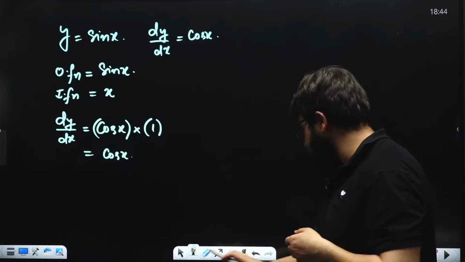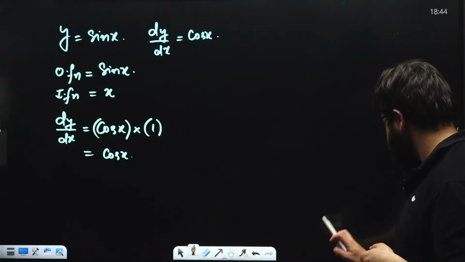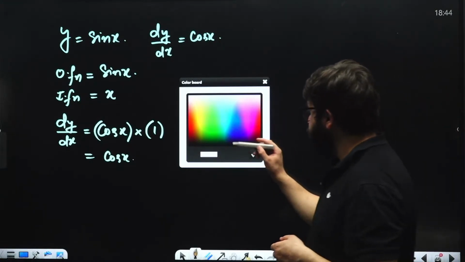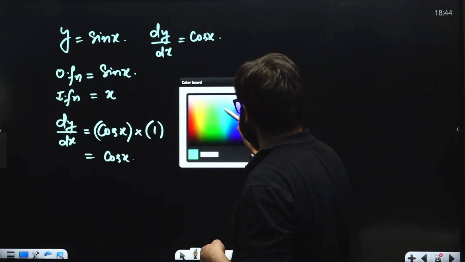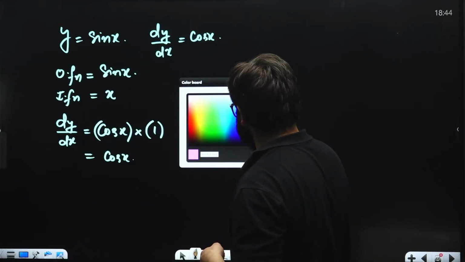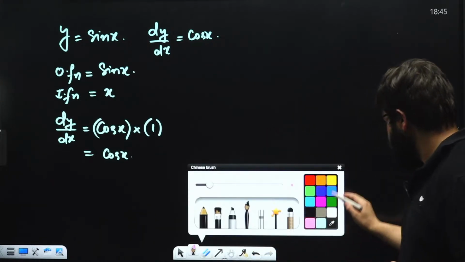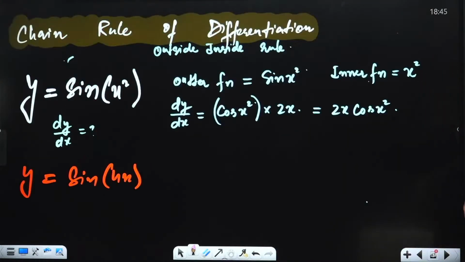Guys, is this crystal clear to each and every single student?